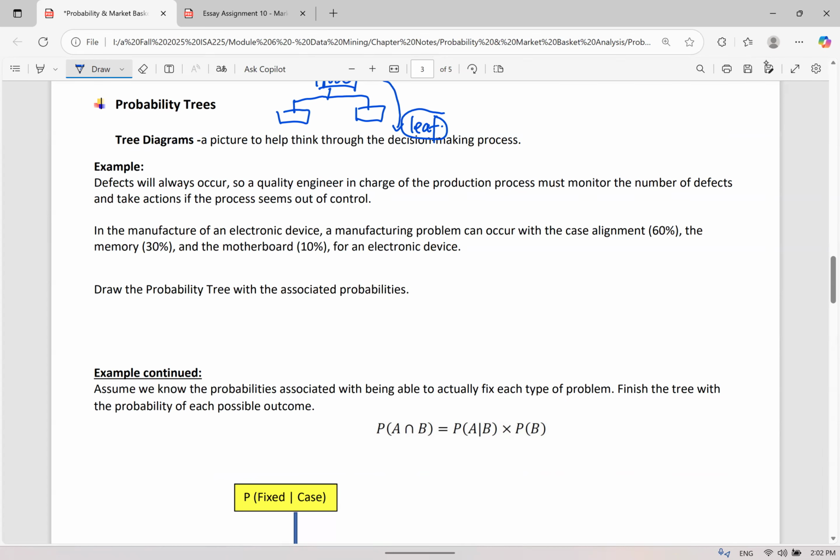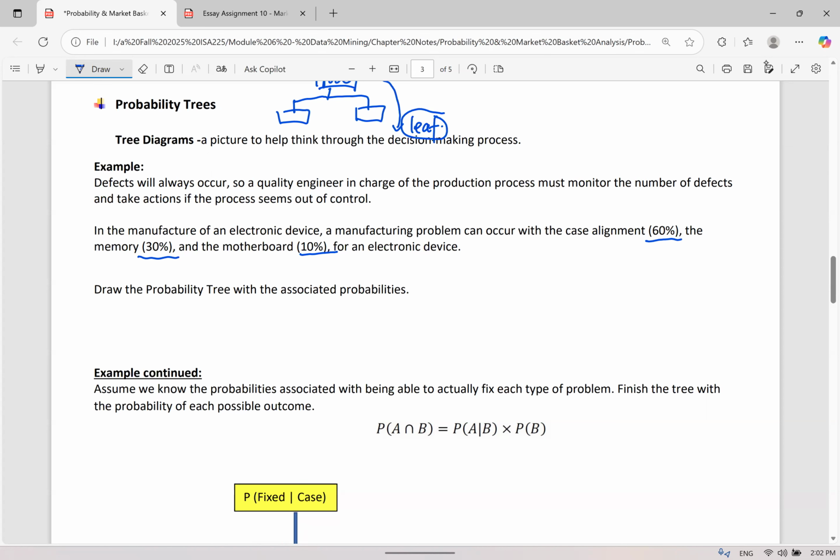In the manufacture of an electronic device, problems can occur with the case alignment, the memory, or the motherboard. We have these three probabilities: 6% for case alignment, 30% for the memory problem, and 10% for the motherboard problem.